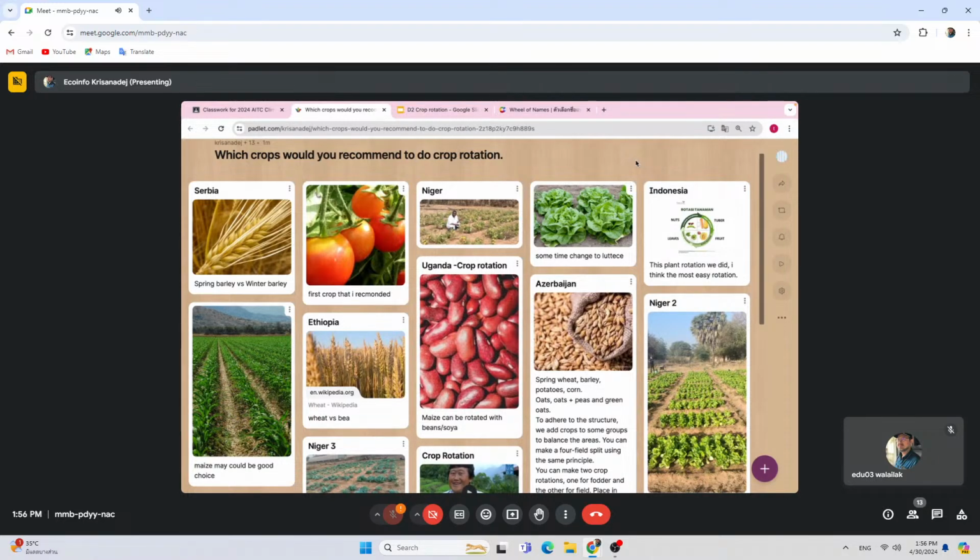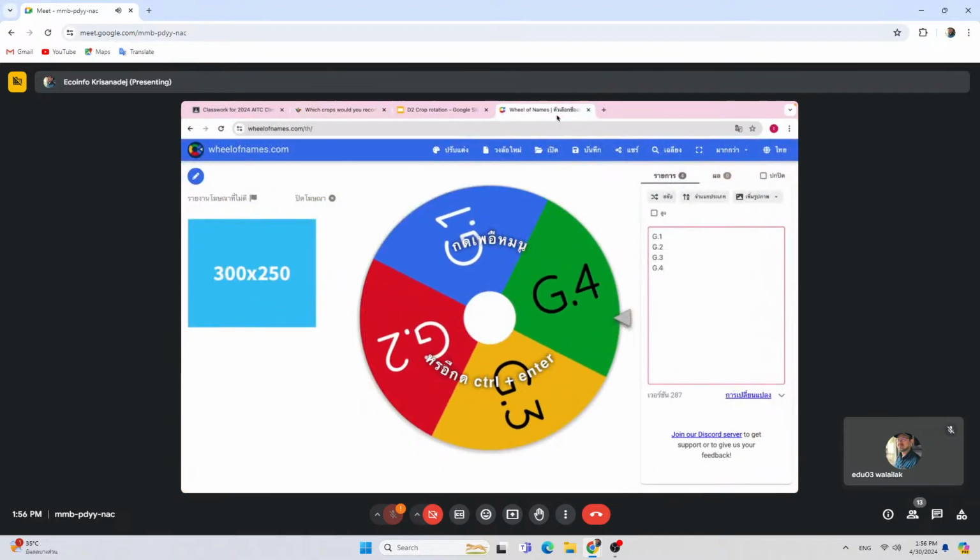All right, so in 2 minutes, maybe we could start sharing the crop rotation techniques or the crops that you are recommending.